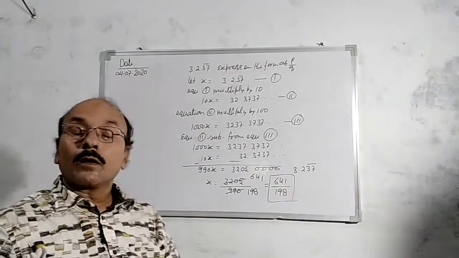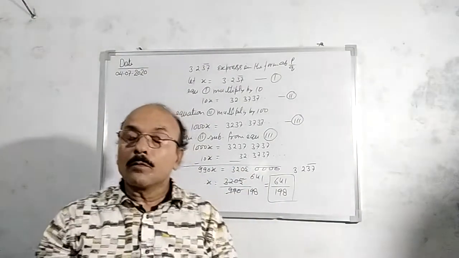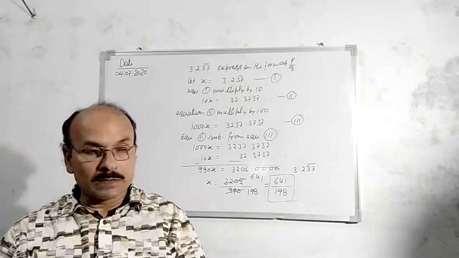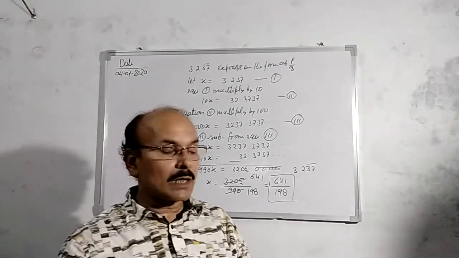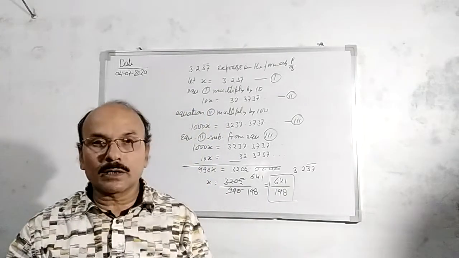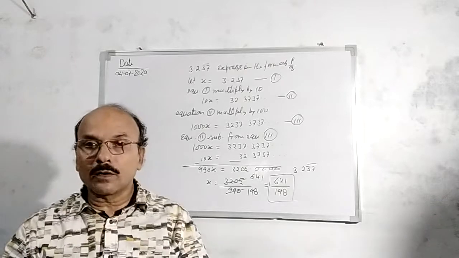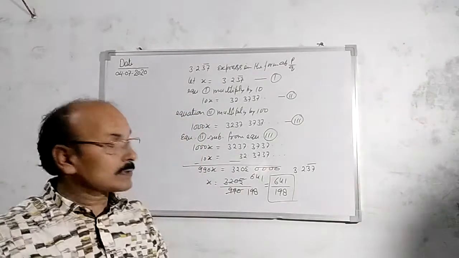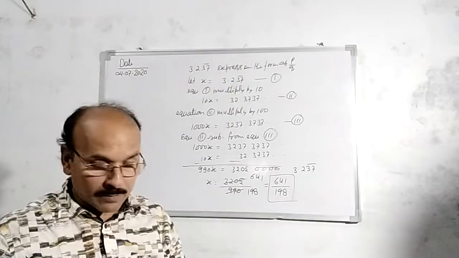And now we move to the third type of decimal numbers, that is known as non-terminating, non-recurring or non-terminating, non-repeating decimals. These are also known as the irrational numbers.